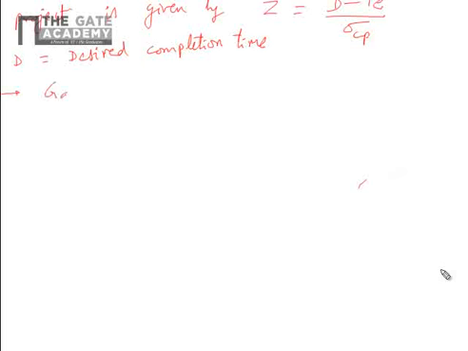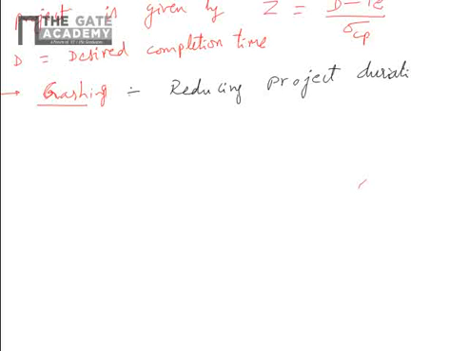Next one, crashing. Reducing project duration by employing additional resources is called crashing.